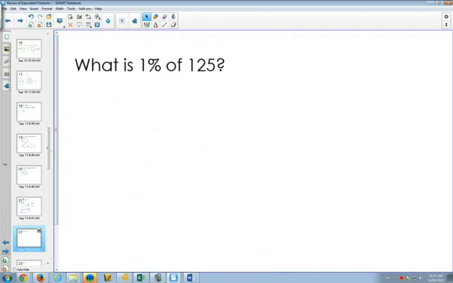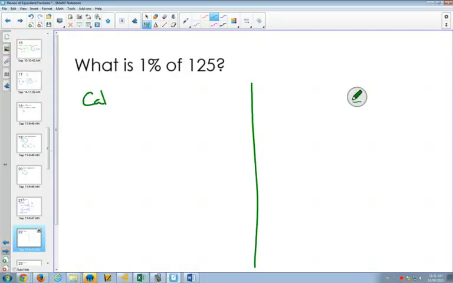For 1%, again, you've got your calculator. When you're changing a percent to a decimal, you move the decimal place 2 over, so this becomes 0.01. We've got the word of here, 1% of, so we're going to multiply by 125.